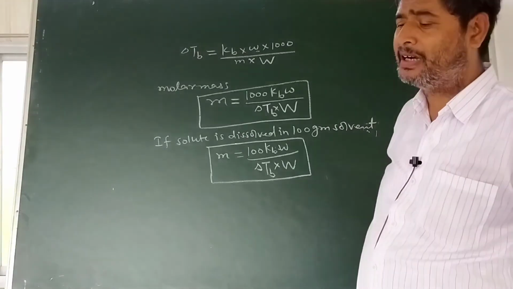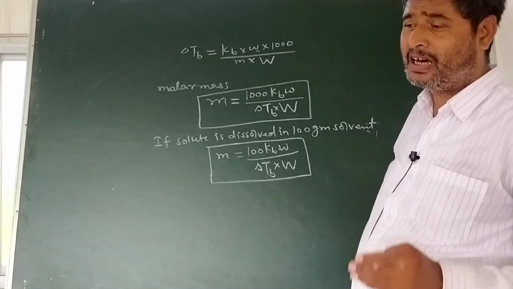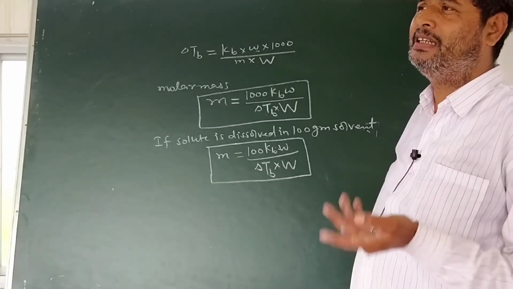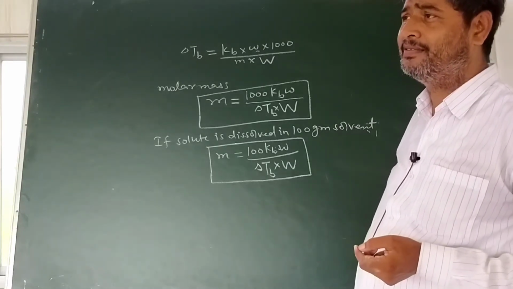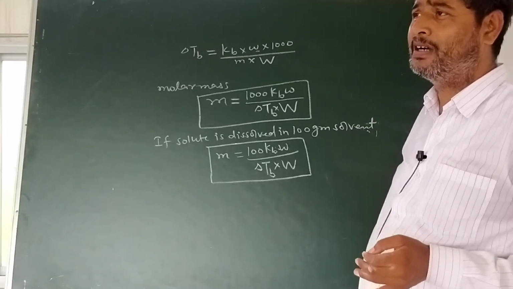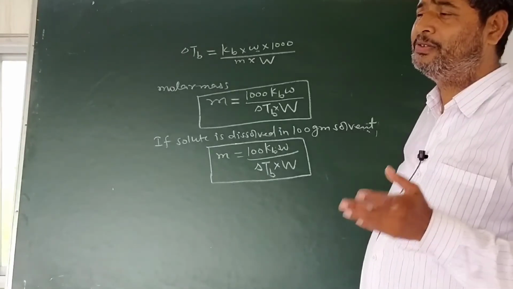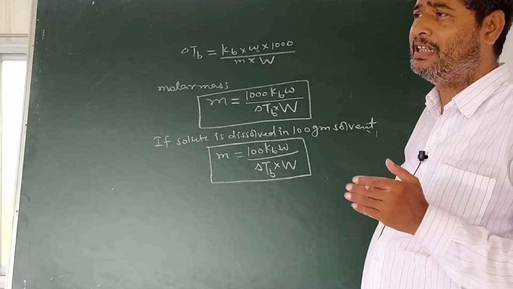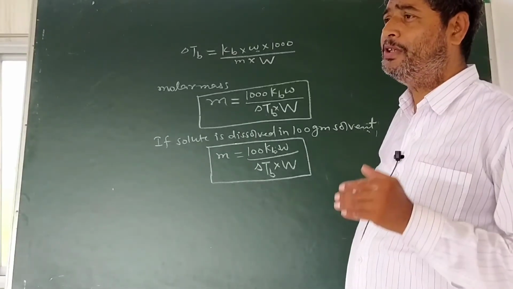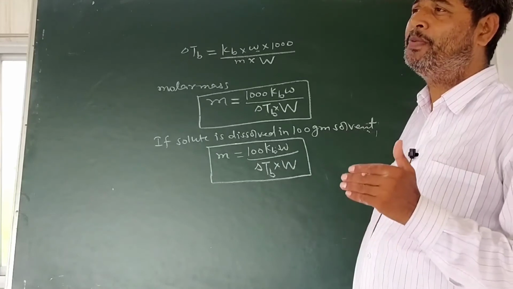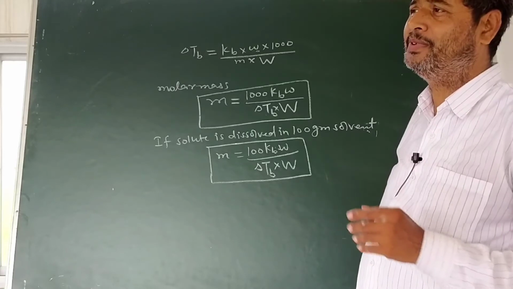As you know, water freezes at 0 degrees Celsius. When salt or sugar or urea, any solute, is dissolved in the water, then the freezing point of water will not be at 0 degrees Celsius. Ice will not form at 0 degrees Celsius if some impurity, that is an appropriate solute, is added in the solvent.